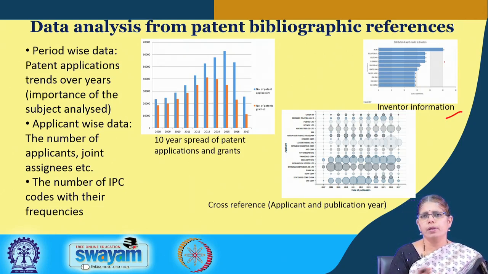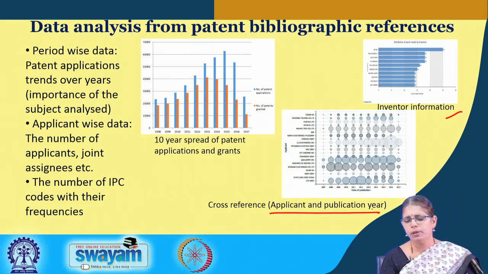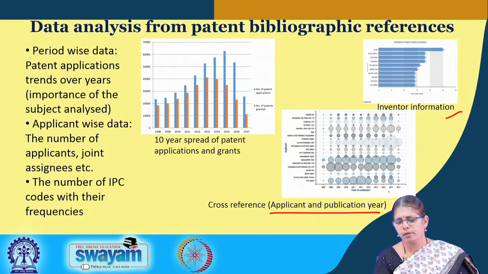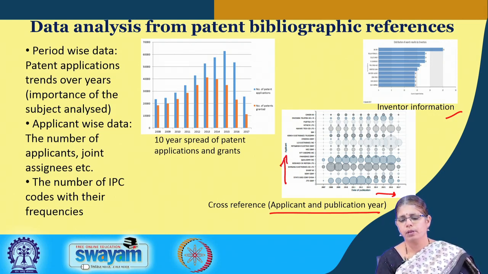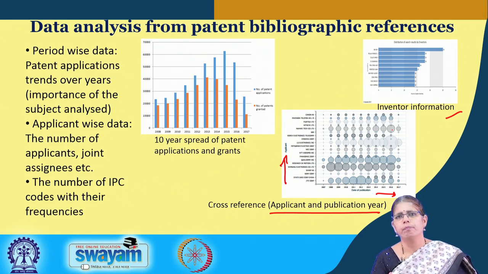We talked about cross-referencing. One aspect of cross-referencing is looking at the applicant and the publication year information. So, here you have on the x-axis the date of publication, and on the y-axis you have the applicant information. When you overlay both of these, you can see the spread of the information, and one can look at who are the people who have consistently maintained.